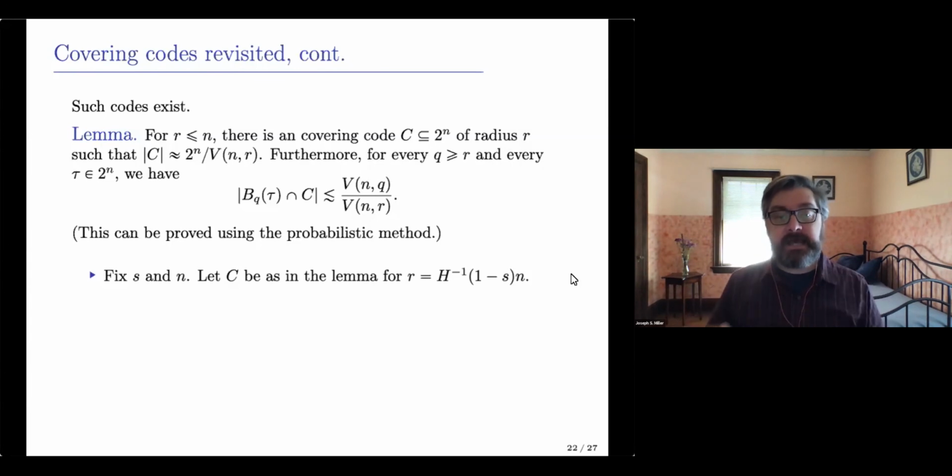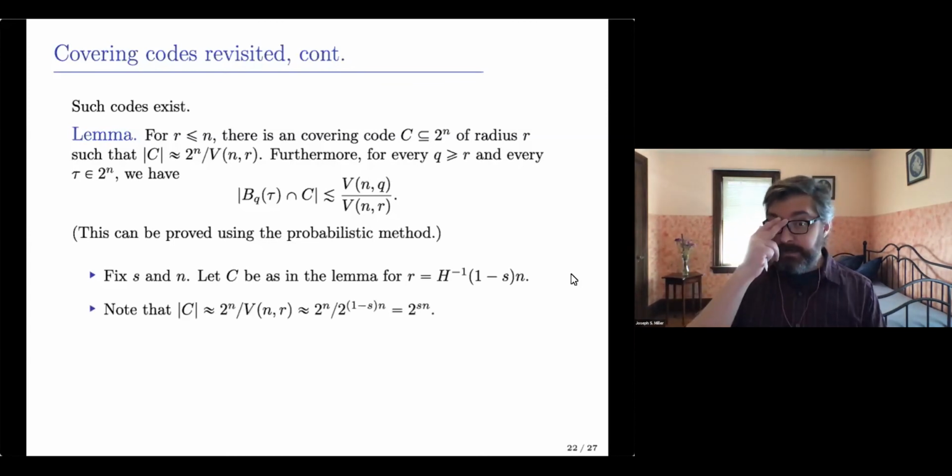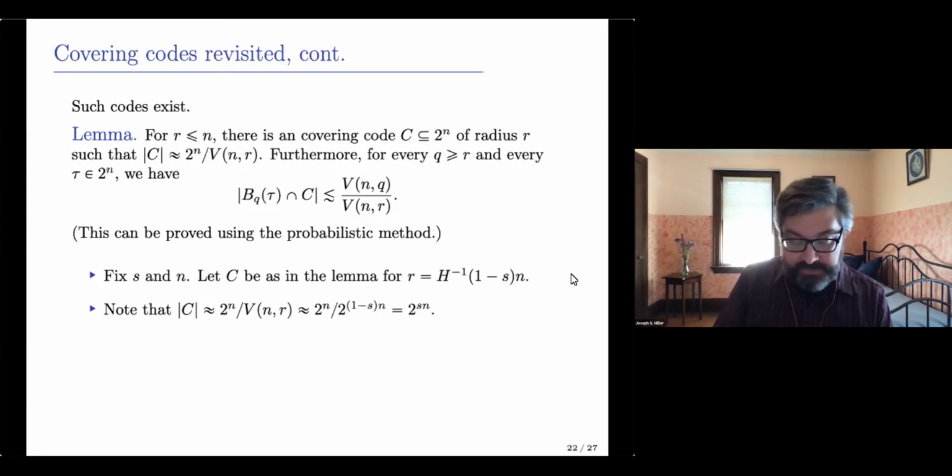So fix n and s, and let C be as in the lemma, with radius h inverse of 1 minus s, times n. That radius is specifically chosen, and let's not go through the calculation this time. It's the same kind of thing we've been doing all along. Specifically chosen so the size of C is 2 to the s times n.